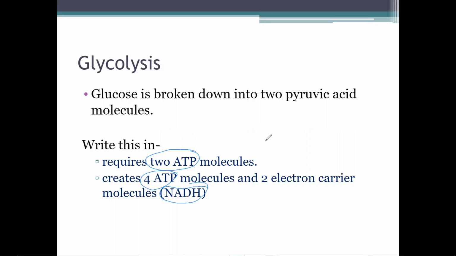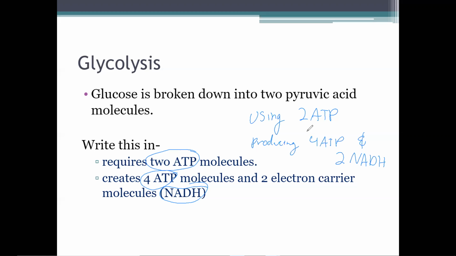So if you recall from the photosynthesis presentation, we had NADPH, which was nicotinamide adenine dinucleotide phosphate hydrogen. So in this case, there's no P there, but it's a similar molecule. So overall, we're using 2 ATP. We are producing 4 ATP and 2 NADH.